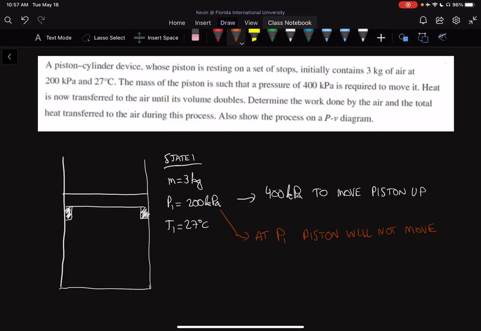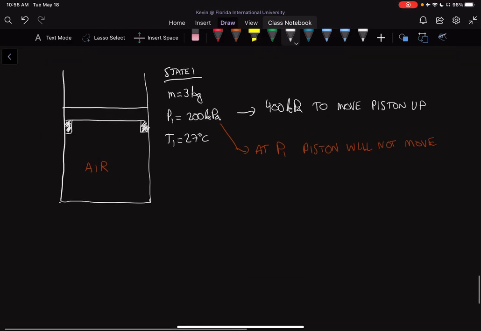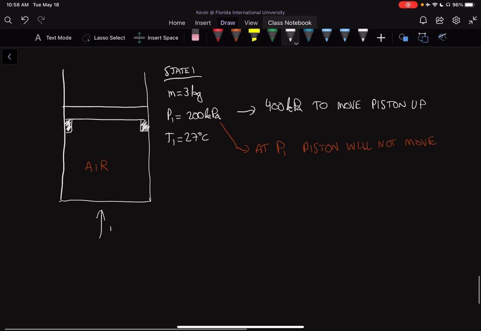Now, in a second instance, and I'll describe this as air. So in a second instance at state 2, we get that heat is now transferred until the volume doubles. So we now add some heat and we have a state 2 where we say that V2 is equal to 2 times V1.